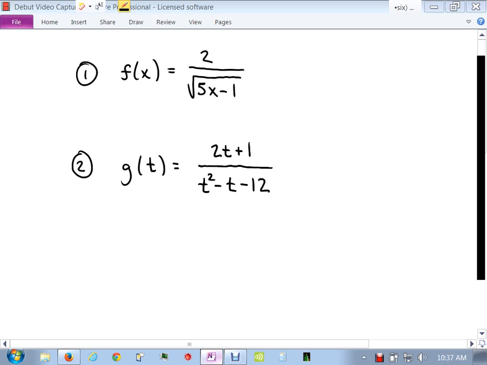All right, for both of those, find the domain in interval notation. You have 10 minutes. Well, not quite. More like 8. I'm going to write the homework assignment down below this. I suggest you do the homework.